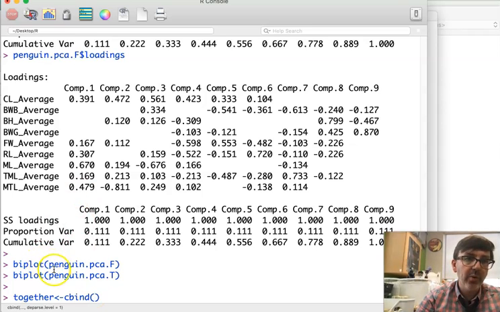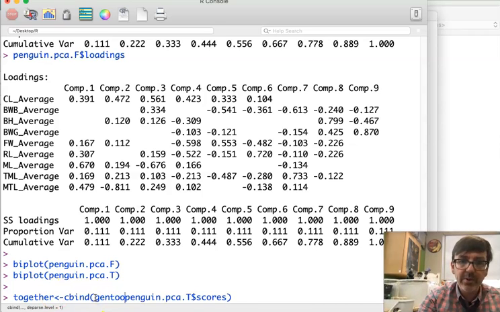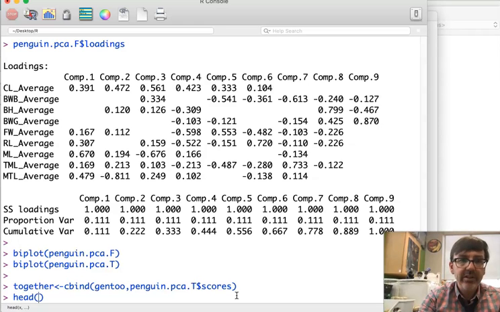I'm just going to do this for the Penguin PCA, but you can do it for either one you want, the scores, and I want to add that on, combining those two data frames, Gen2 and the scores, into a new data frame that I can take a look at.